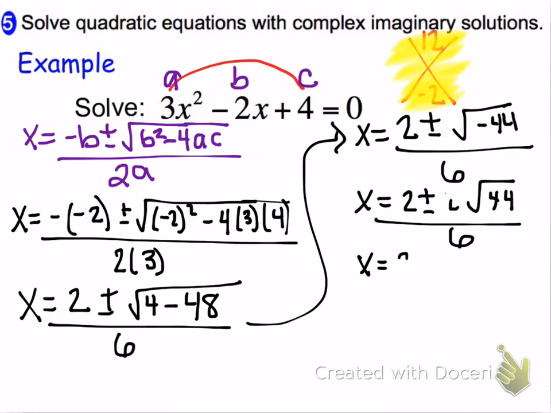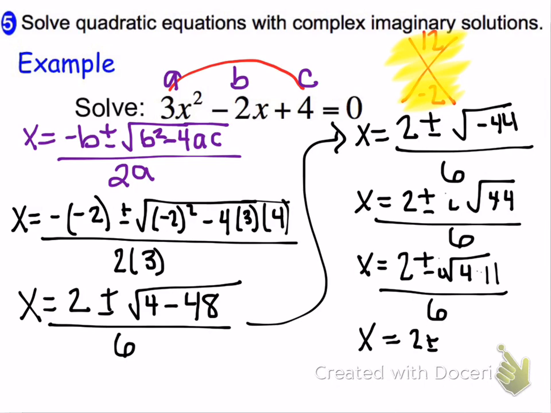Hopefully, you thought of 4 and 11. Square root of 4 is 2, so I have 2 plus or minus 2i times the square root of 11 divided by 6.